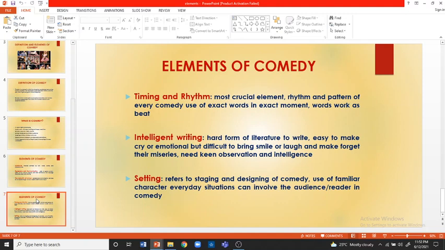In reality, comedy is a hard form of literature.